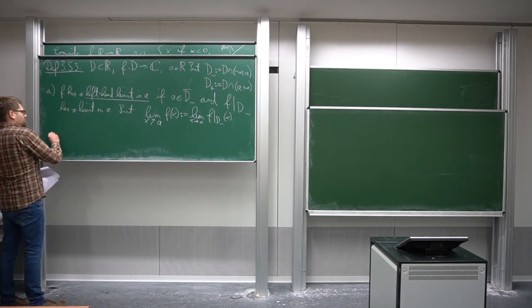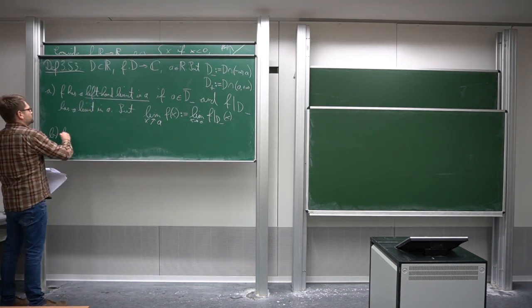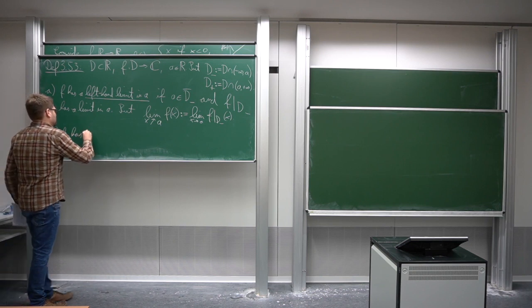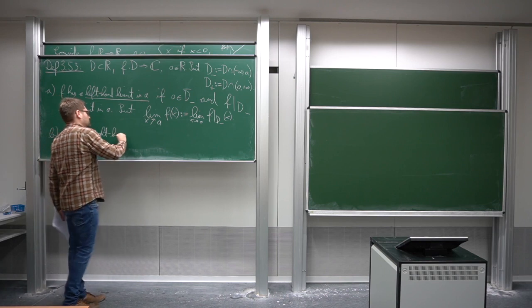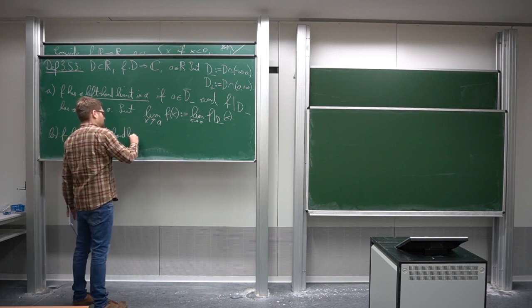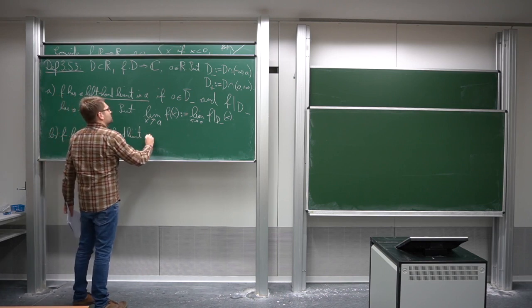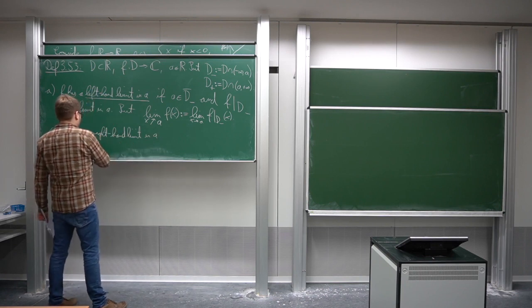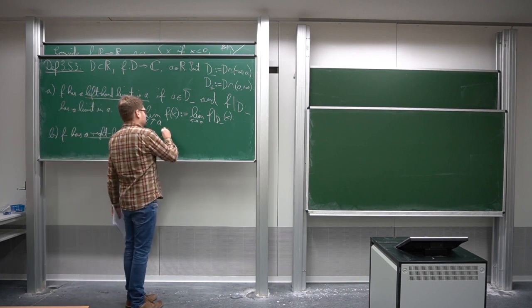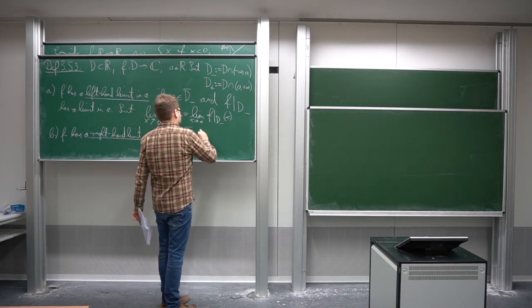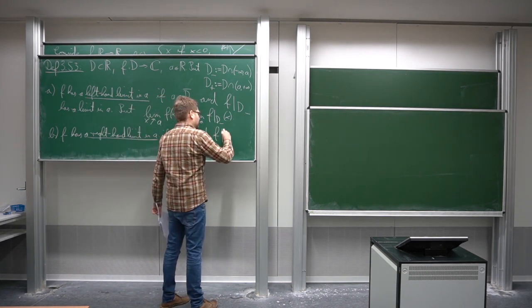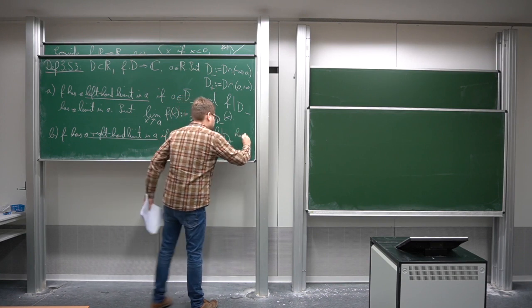Okay, now you can guess how the situation from the right works. So f has a right-hand limit in a if, first of all, a is an adherent point of D plus, and the restriction of f to D plus has a limit in a.